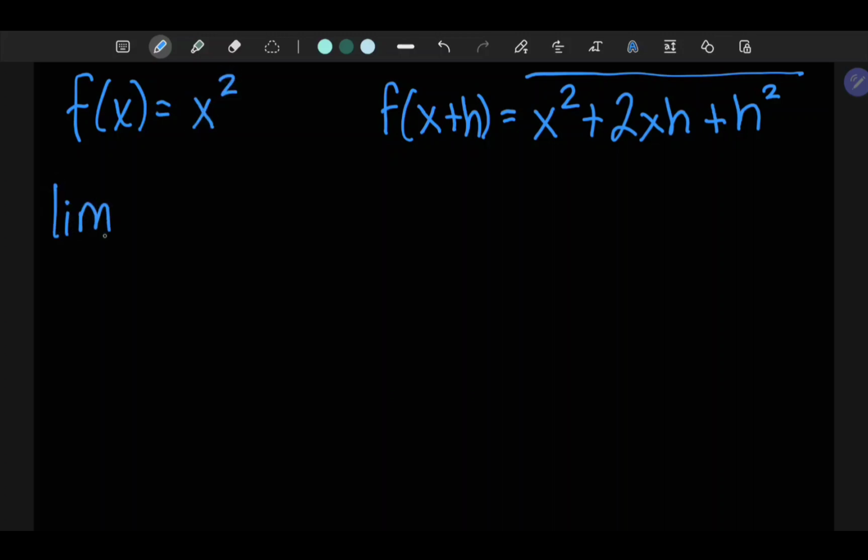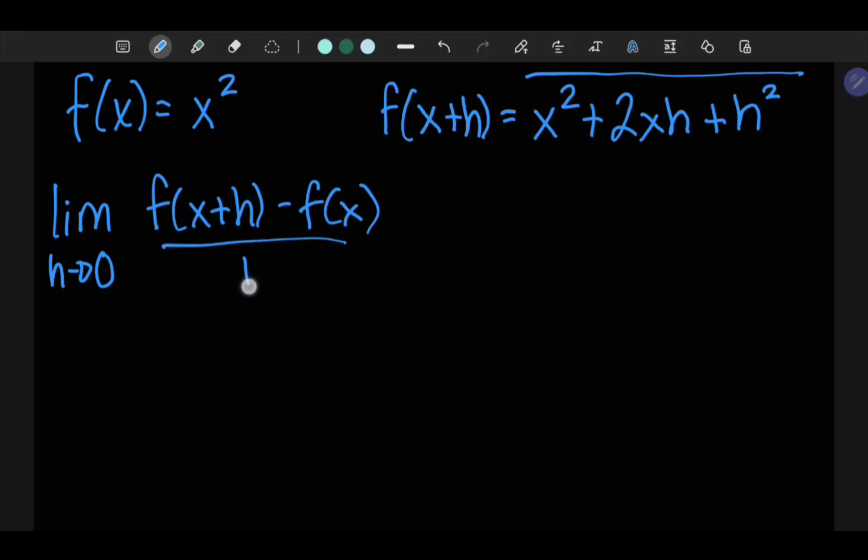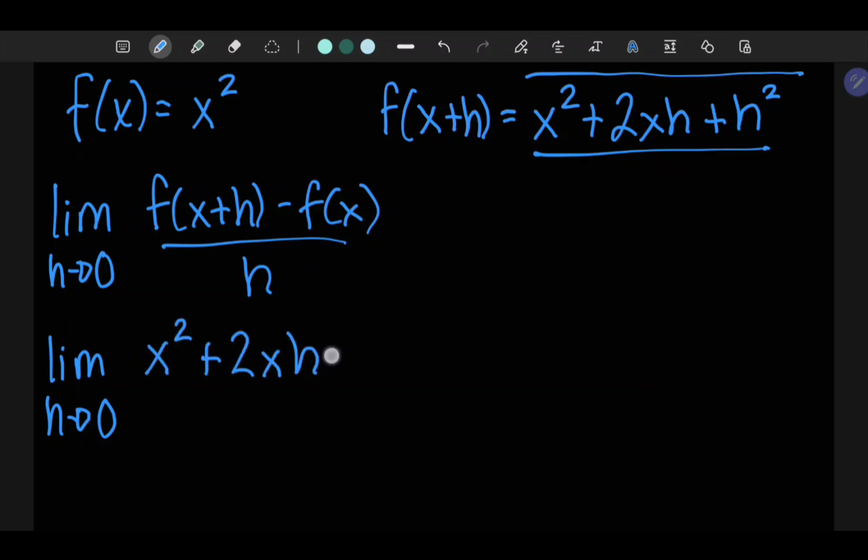So my limit definition says, as h approaches 0, f of x plus h minus f of x all over h. So if I plug in everything, I get f of x plus h, this equation, minus, always put this in parentheses because sometimes it's going to be x squared plus 2 or multiple terms.